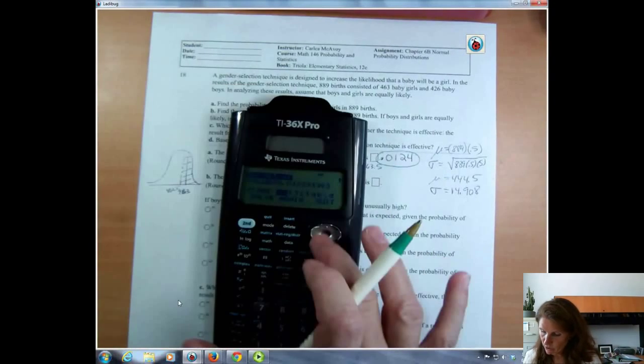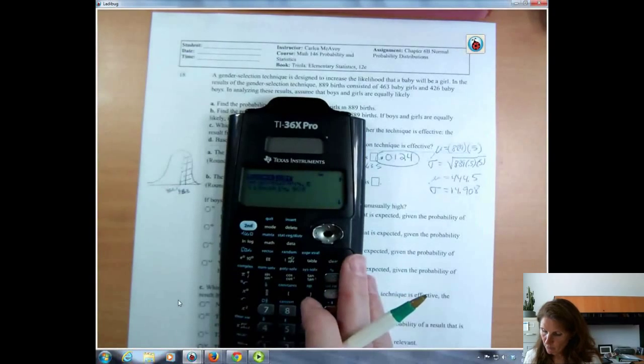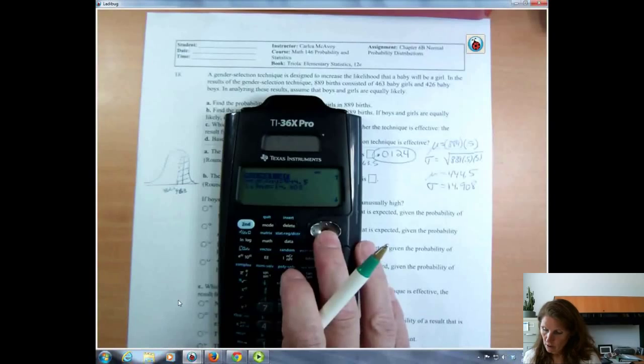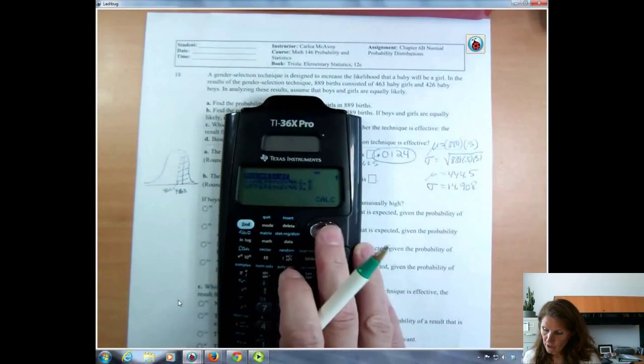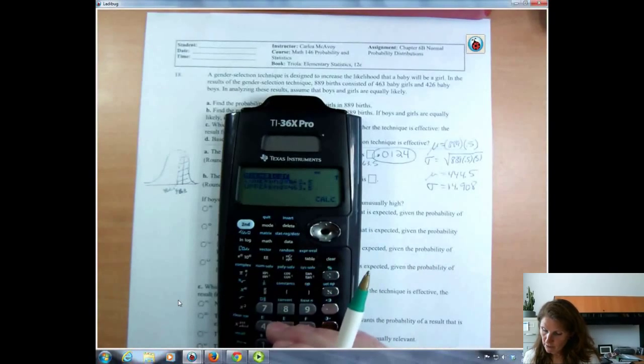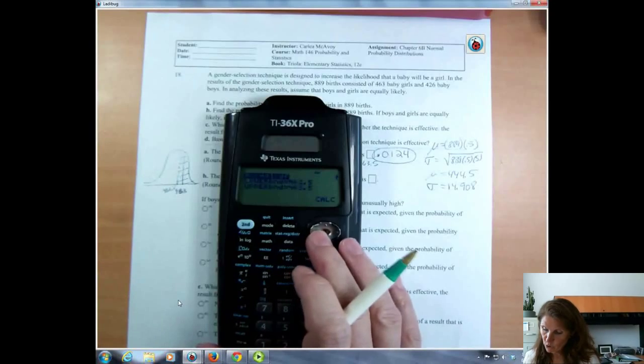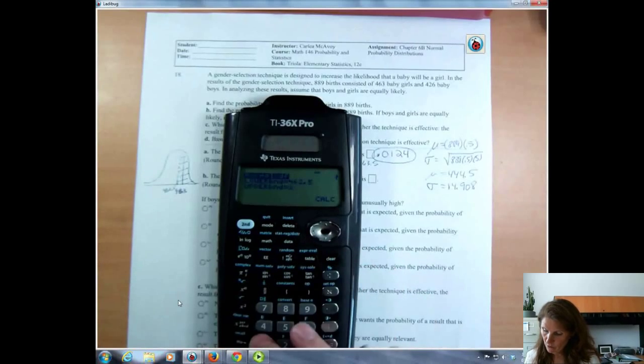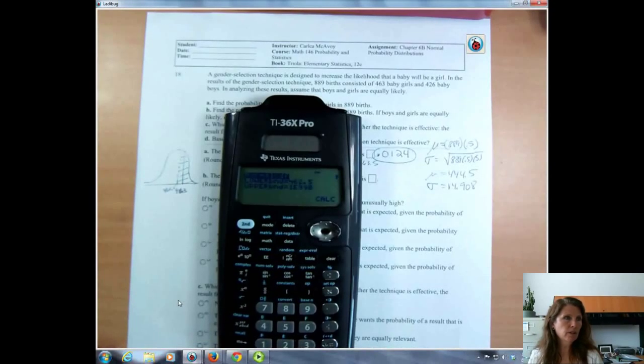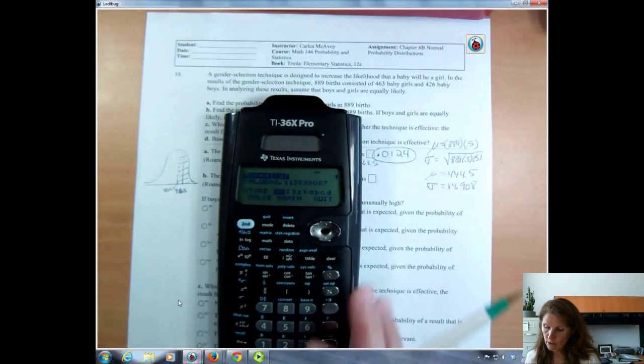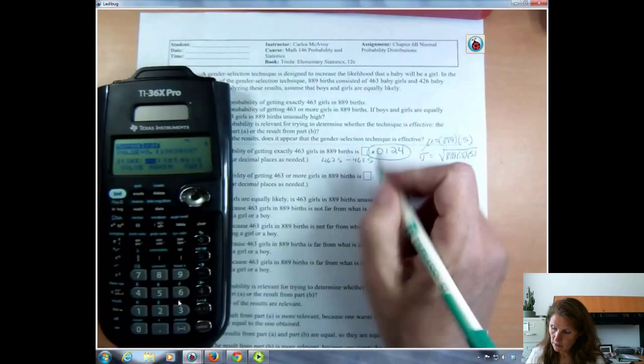So let's do this one again, same mu and standard deviation, and I'm going from 462.5 up to positive infinity, which is 1E99. That E I got from hitting the EE, that's an exponent button. And I get 0.1136.